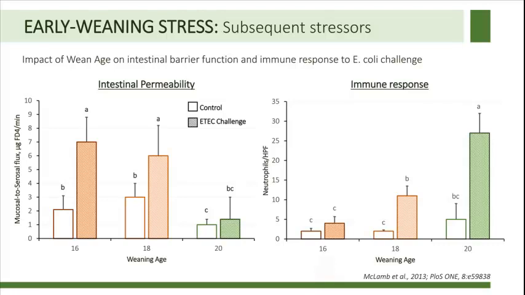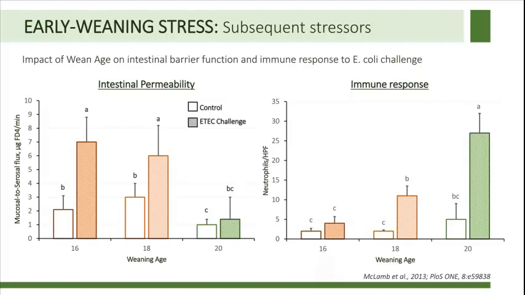Here is a study looking at the impact of weaning age on intestinal barrier function and immune response to an enterotoxigenic E. coli challenge. The graph on the left is showing data that we saw before, the intestinal permeability, here looking at the flux of a compound.